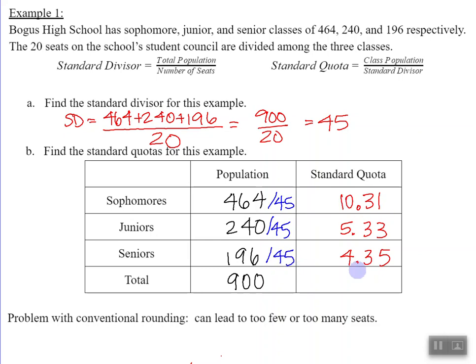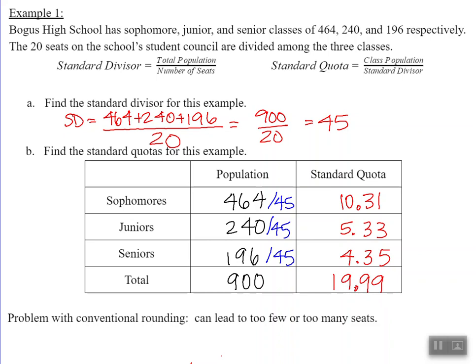Now, if I add these up, just to check, I get 19.99. So basically 20, but I rounded.